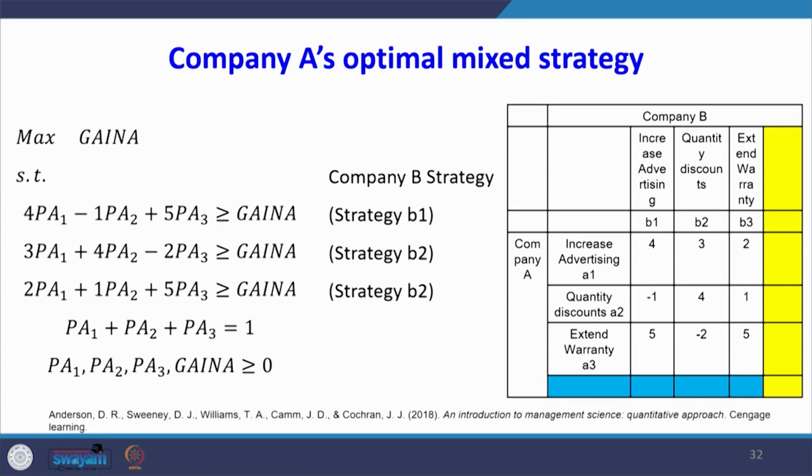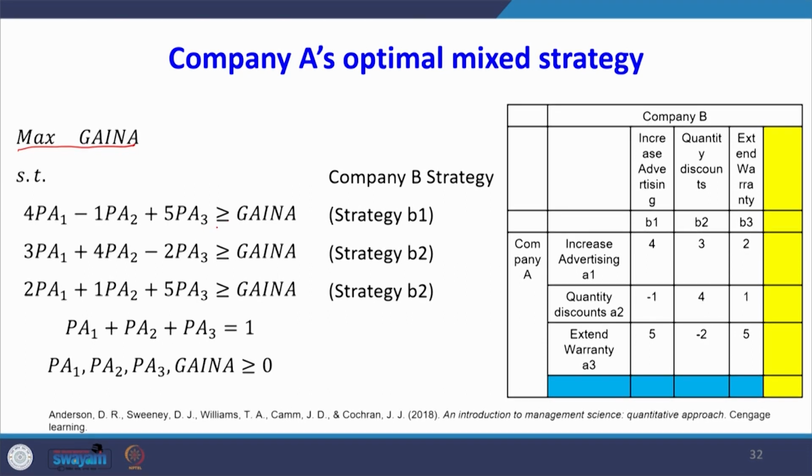So, here the objective function is very important, it is maximizing gain A. What are the constraints? Just now we have seen for each constraint it should be greater than or equal to gain A, because company A will go for maximizing the minimum gains.